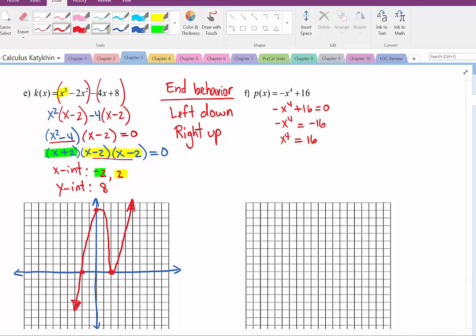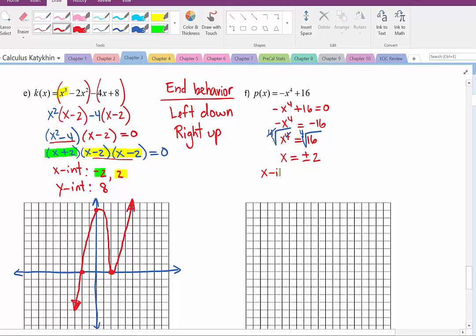Then if you take the fourth root on both sides, the fourth power and the fourth root cancel each other out, and you'll get x is equal to plus or minus 2, because it's an even degree, so it's going to give you both plus and minus.